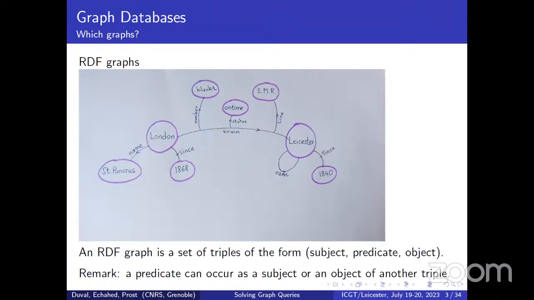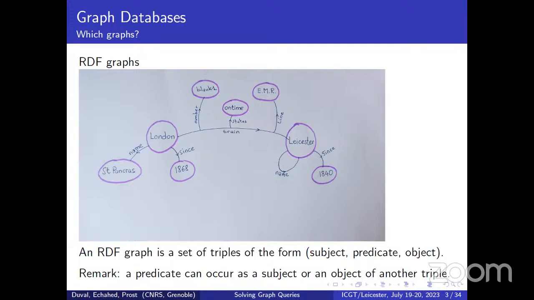These graphs are very, very simple. These are sets of triples. A triple could be seen as an edge with its source and its target. Here I sketched a toy example where I picture the fact that there's a train between St. Pancras in London and the station of Leicester, and this train can be on time, or scheduled, or cancelled.